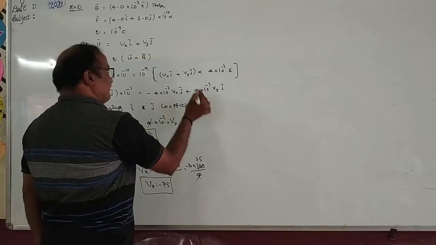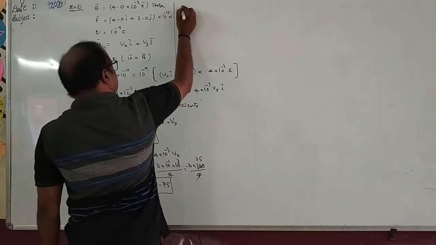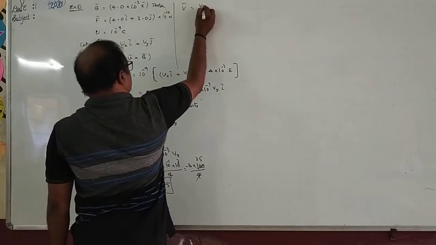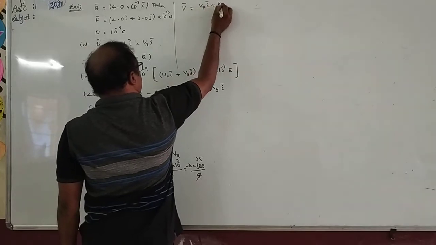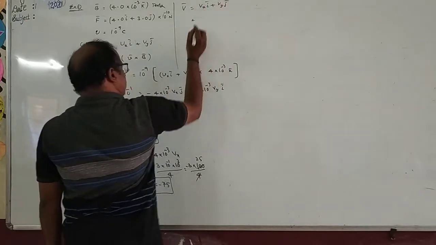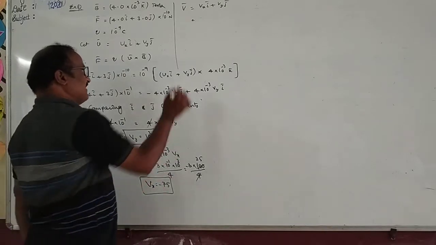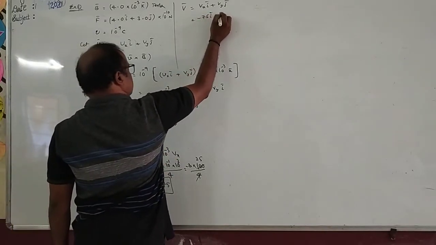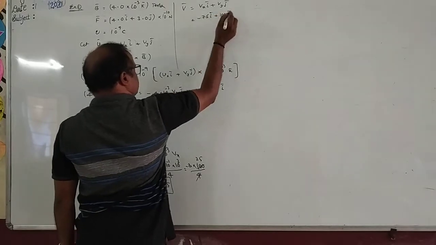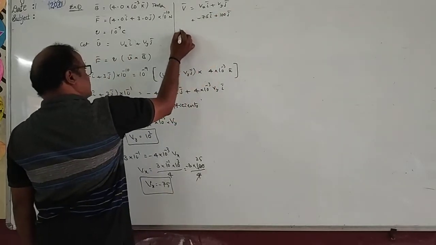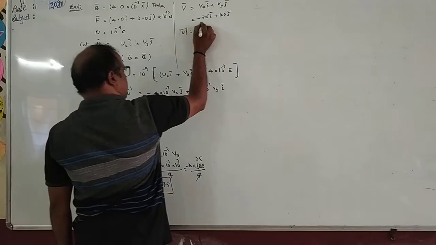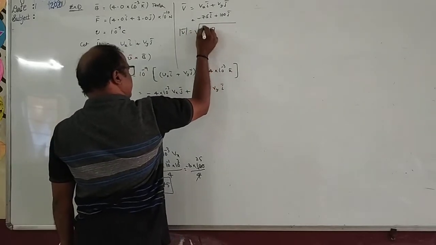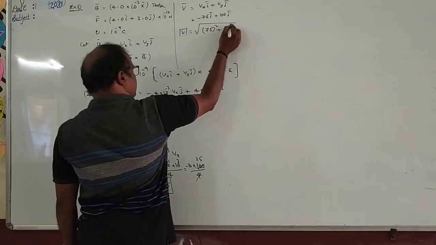Now, the velocity of the charged particle, V bar, is equal to Vx I bar plus Vy J bar. That is equal to minus 75 I bar plus 100 J bar. Magnitude of velocity, modulus of V bar, is equal to root of 75 square plus 100 square.